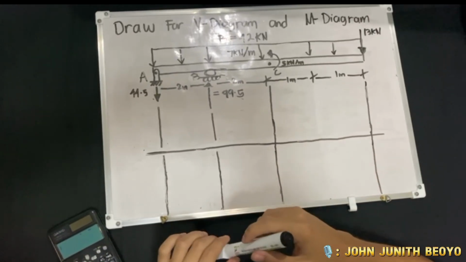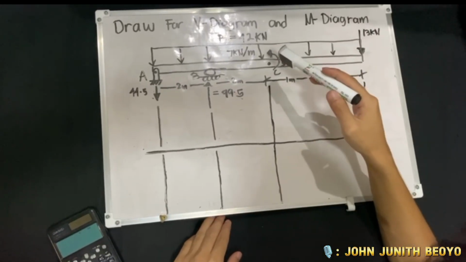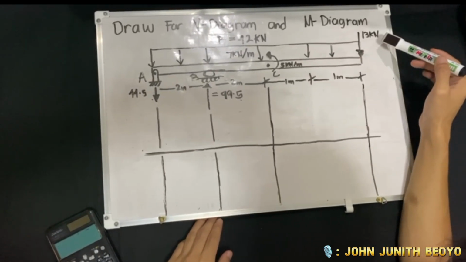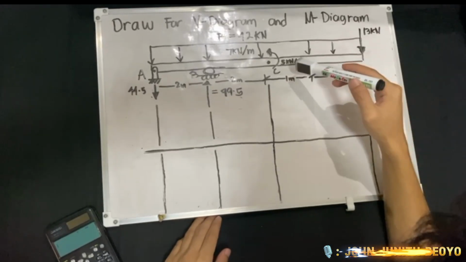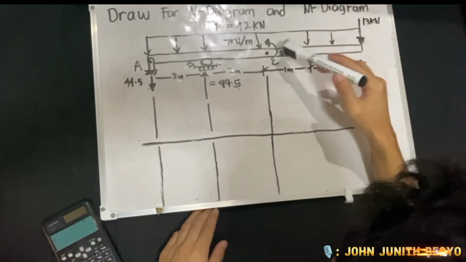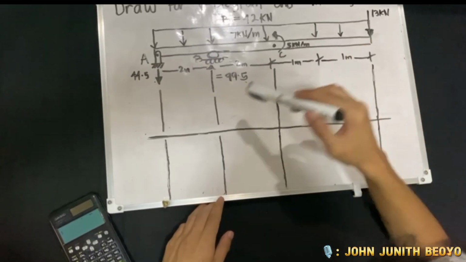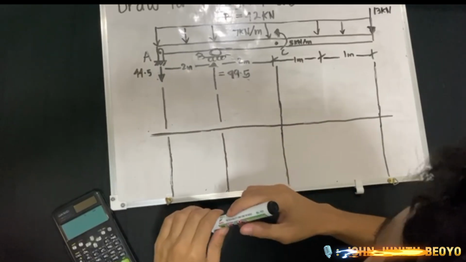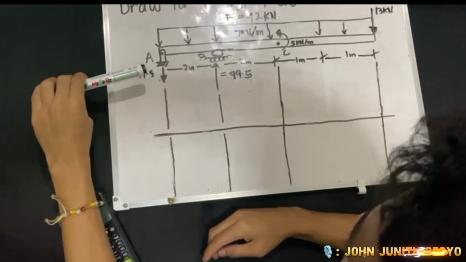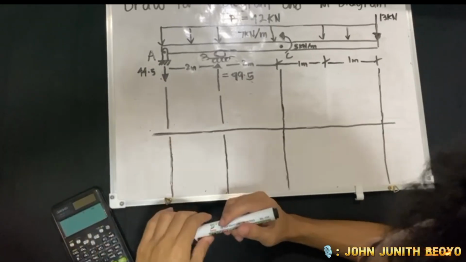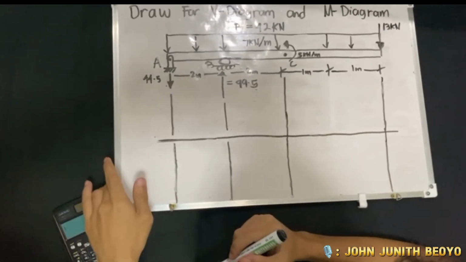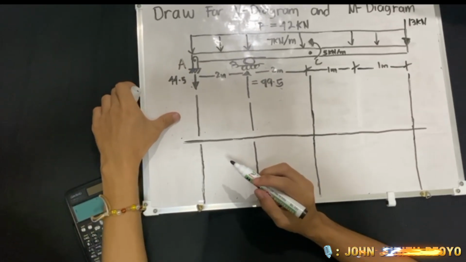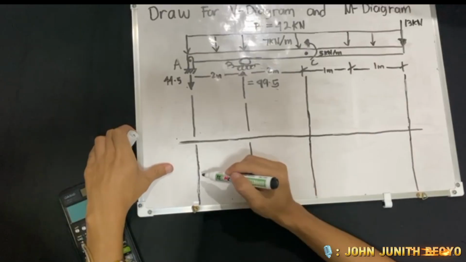Here we have a distributed load of 7 kilonewton per meter and a point load going downward of 13 kilonewtons, and a moment reaction at point C of 5 kilonewton meter, a roller support reaction going upward of 99.5, and on the hinge we have a reaction going downward of 44.5 kilonewton. At point A, we have a 44.5 kilonewton load going downward.